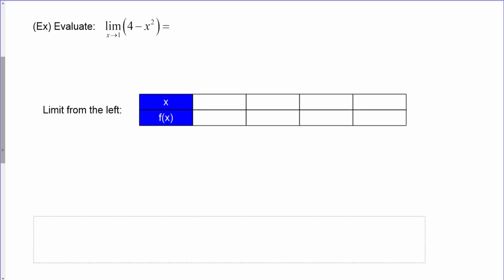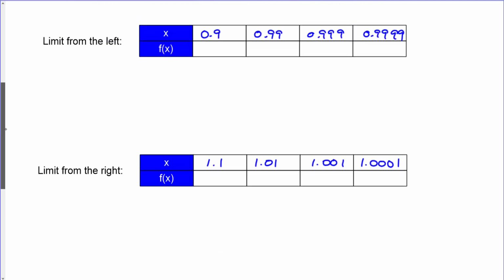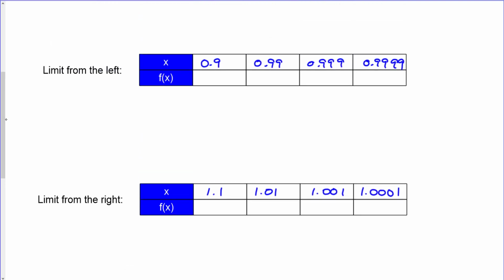So the limit from the left, as x approaches 1, we would need values for 0.9, 0.99, 0.999, and the limit from the right, we would need values that are slightly larger, but then getting closer to 1. So feel free to fill in these values from the program.